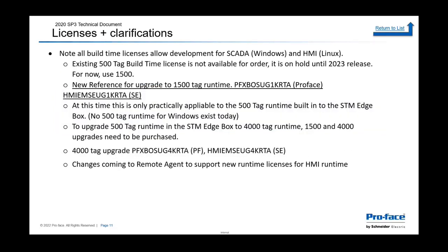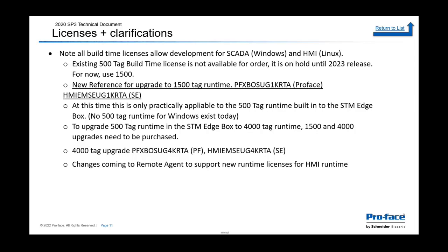All right. So some new information about build time licenses and new runtime licenses. Okay. So one thing to note is that all the build time licenses allow development for both the SCADA, the Windows platform, and the HMI platform under Linux.